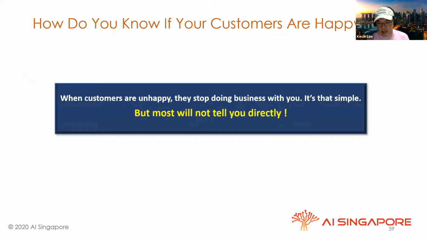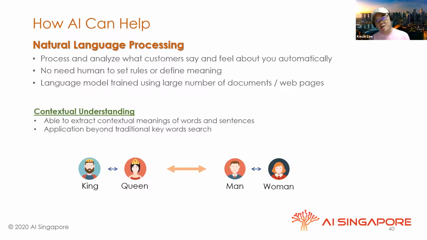But AI now has the ability to help you get customer feedback in a way that was not possible before. And that has to do with the advancement of something called natural language processing. Basically, natural language processing, NLP, means that it's able to process and analyze what customers say and feel about you automatically.